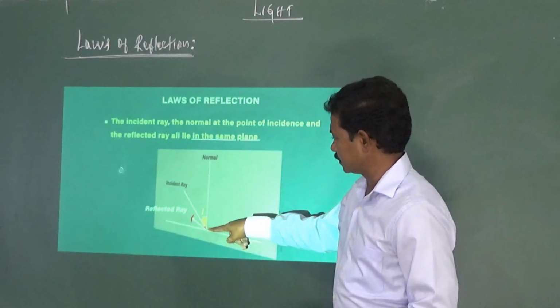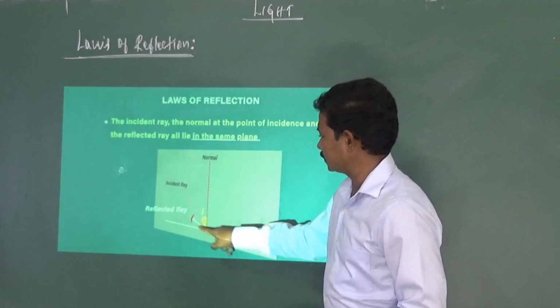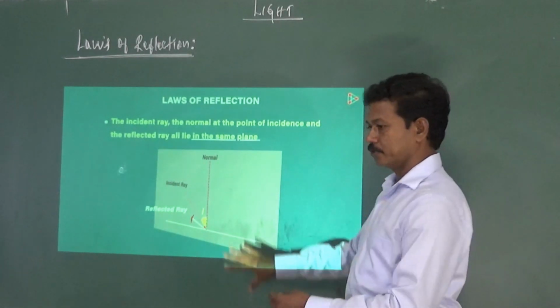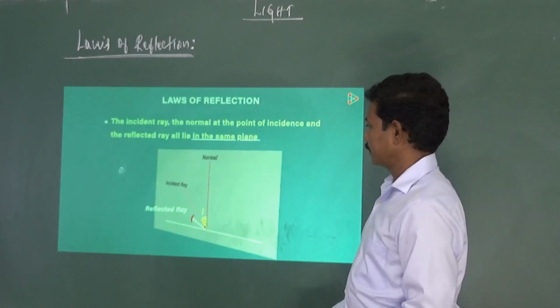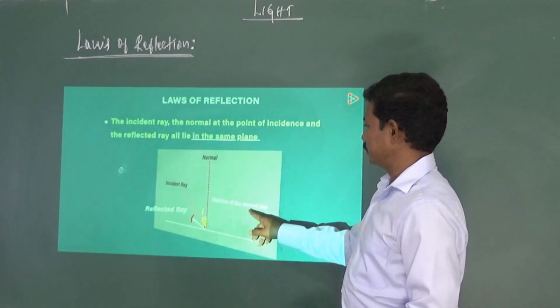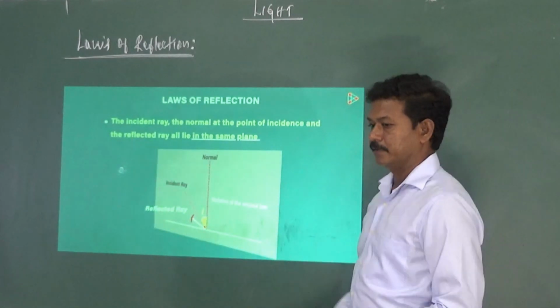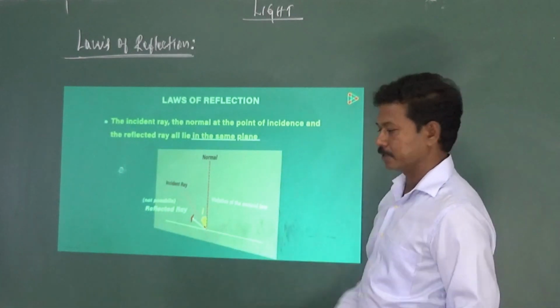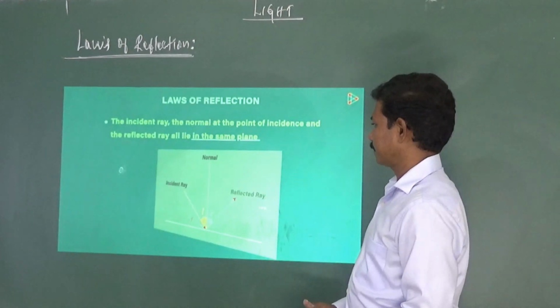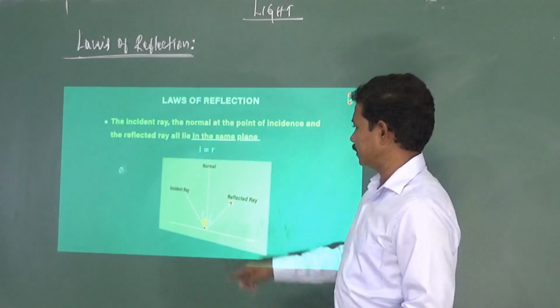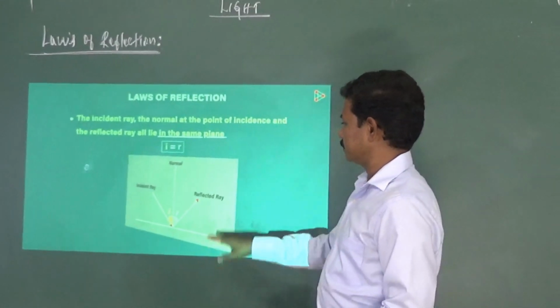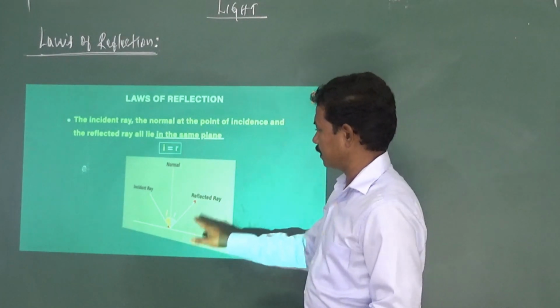This is the incident light ray, and the reflected light ray cannot go in this direction. That's not possible. It is a violation of the second law. The light ray cannot move in some other plane. The reflected light ray should be in the same plane, making the same angle as I.